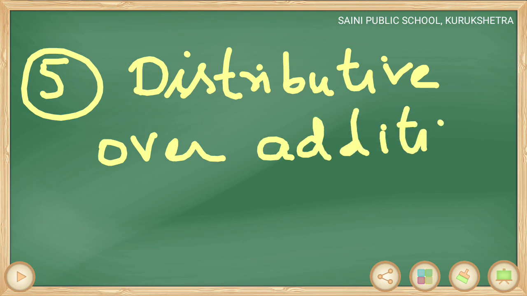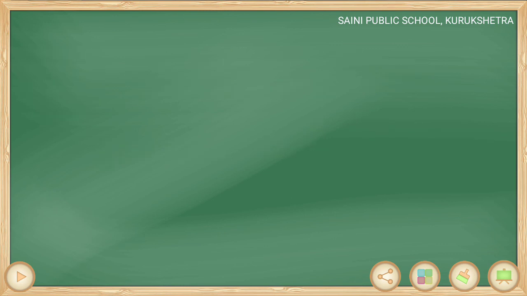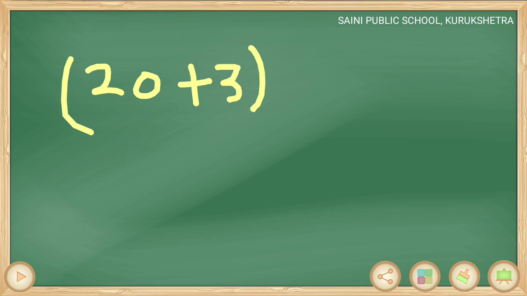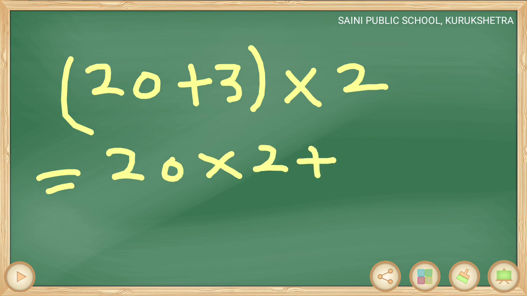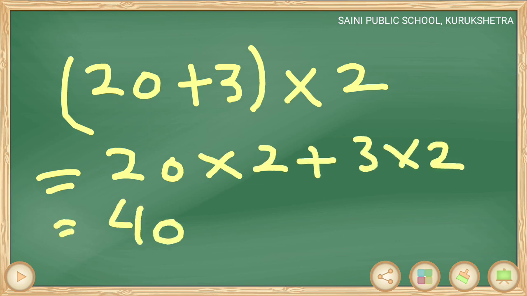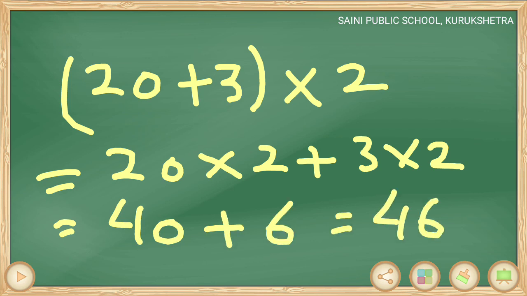It means we can regroup two numbers. For example, if I am writing 20 plus 3 into 2, then according to distributive property I will write 20 into 2 plus 3 into 2. So you can find like this, 40 plus 6. So our answer is 46. This is all about the properties of multiplication.